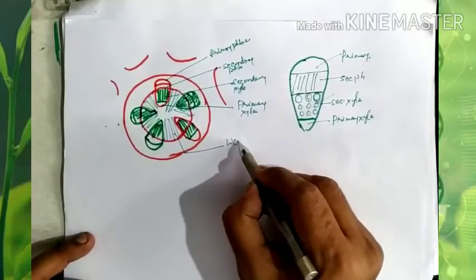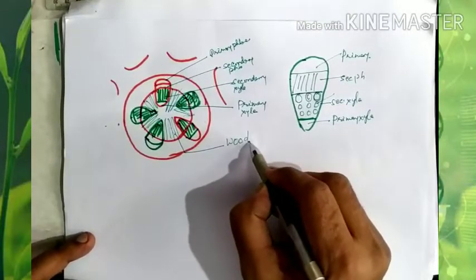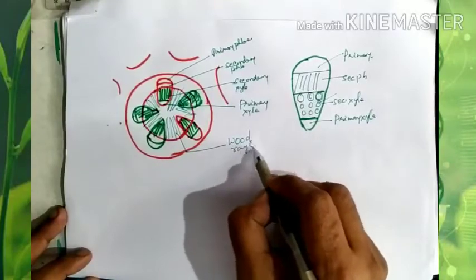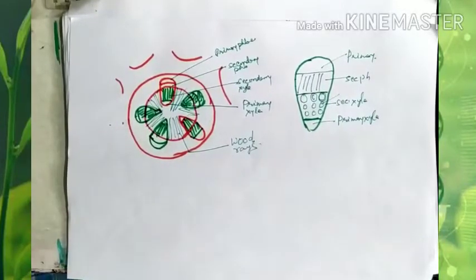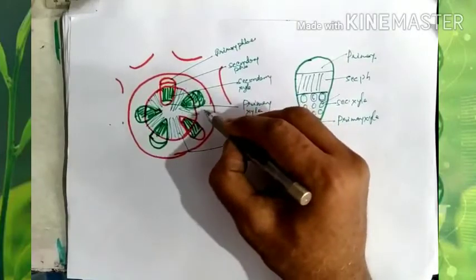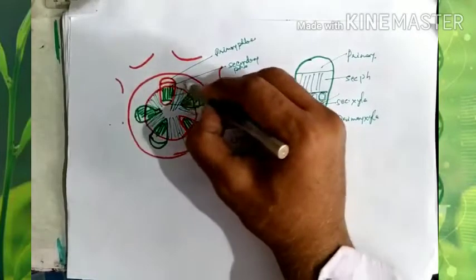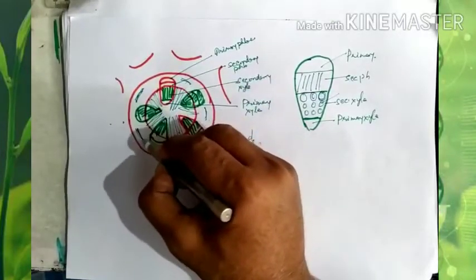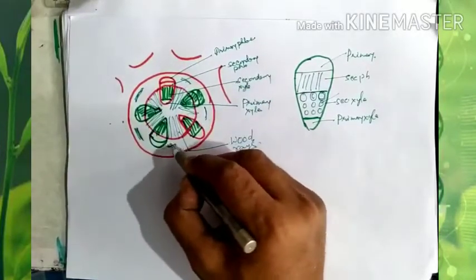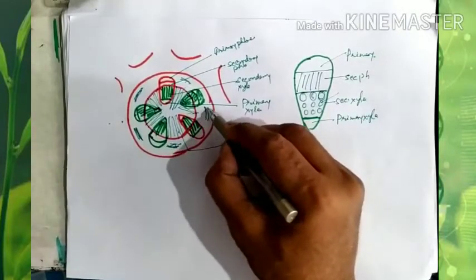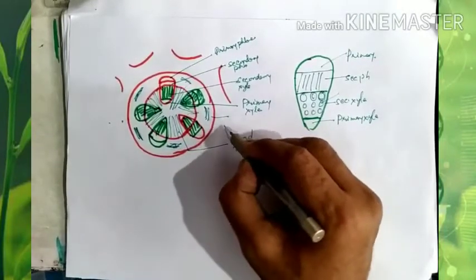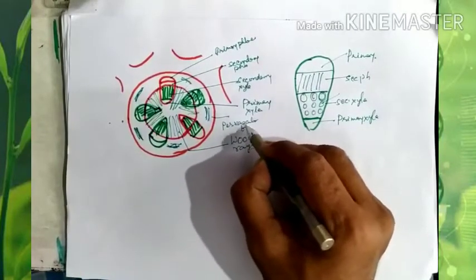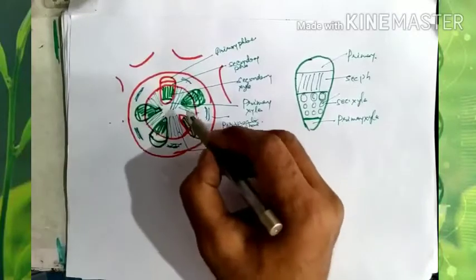Wood rays here, and at some points parenchymatous patches appear, and this is known as the pericyclic fiber.